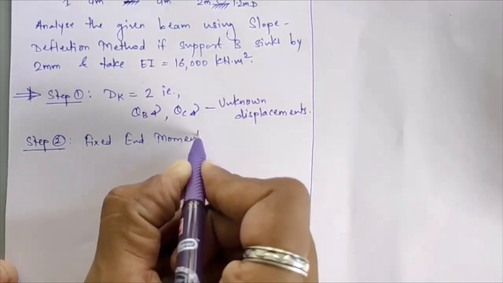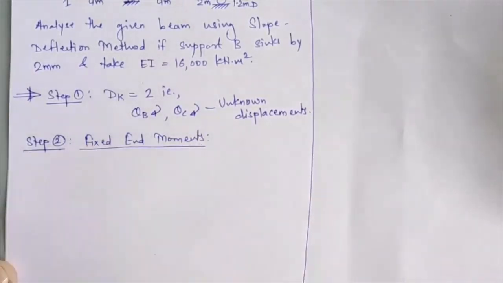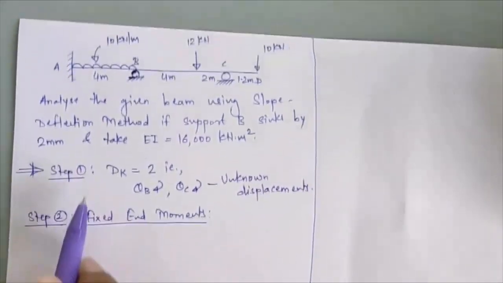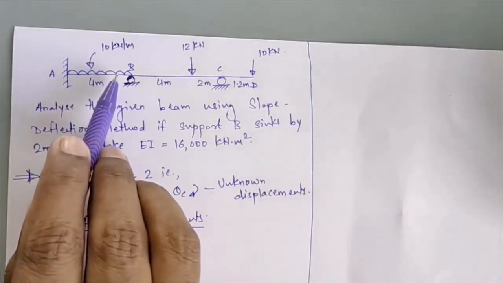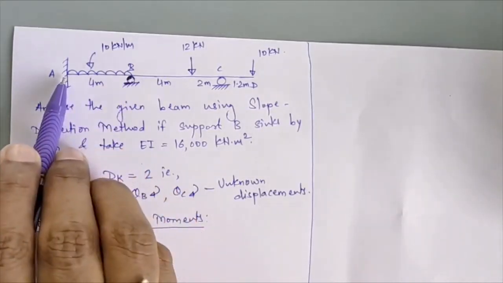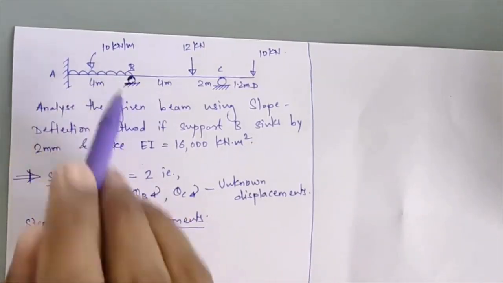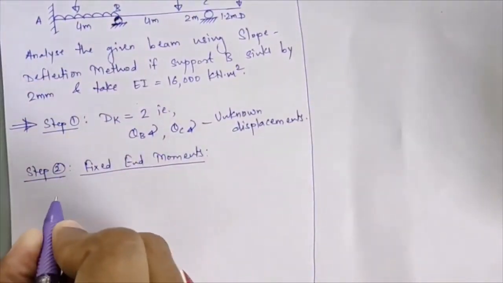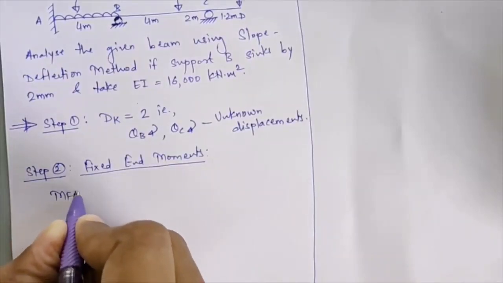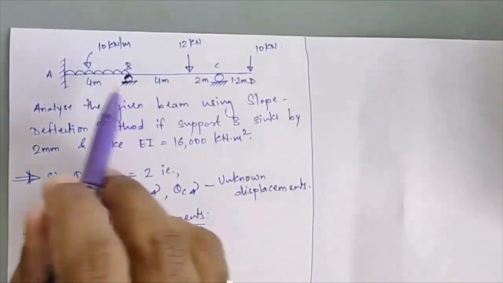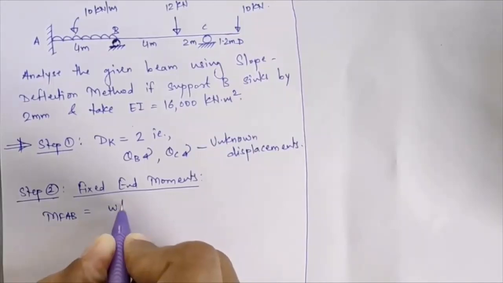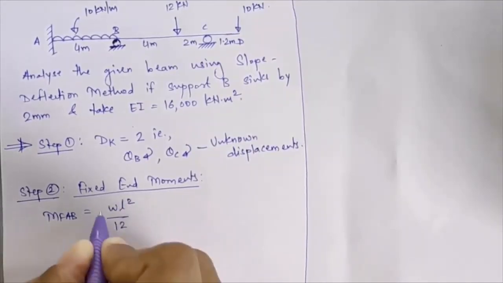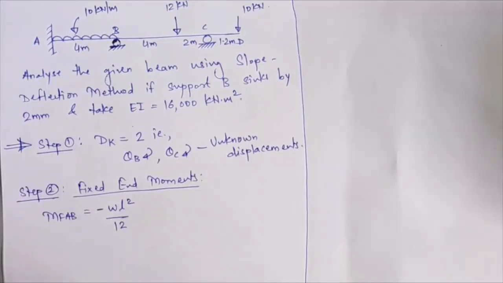How do we calculate fixed end moments? Considering all joints as fixed. So first we'll see span AB. In span AB, assuming that support A is fixed and support B is also fixed, we get the fixed end moment for the first member, that is MF AB. In this complete span a UDL is loaded, so how much will the fixed end moment be? That will be equal to WL square divided by 12, and restoring moment sign we consider here, so that comes negative.